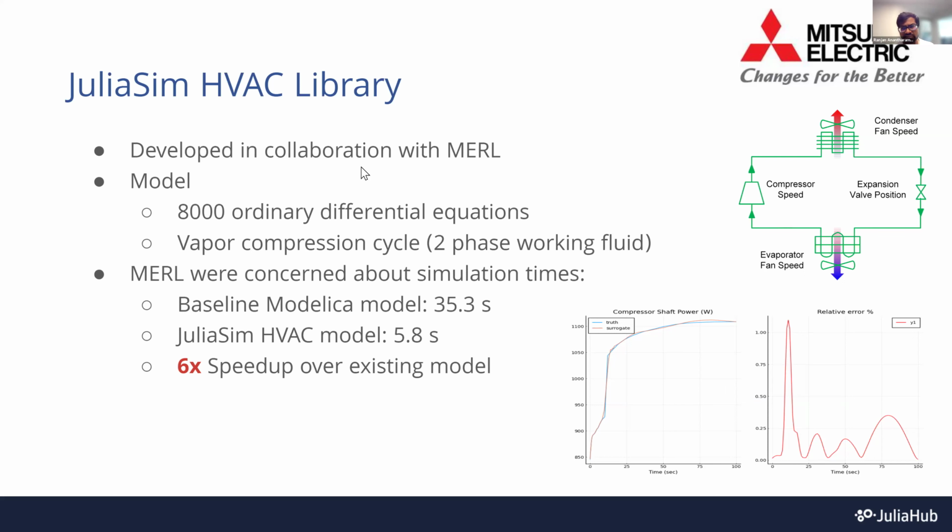We licensed some property models and data from them, but we build out the entire stack. Even simple models like this vapor compression system are usually much faster when built out in JuliaSim and Julia than many of, let's say, some Modelica vendors out there. We've seen this in the past as well.